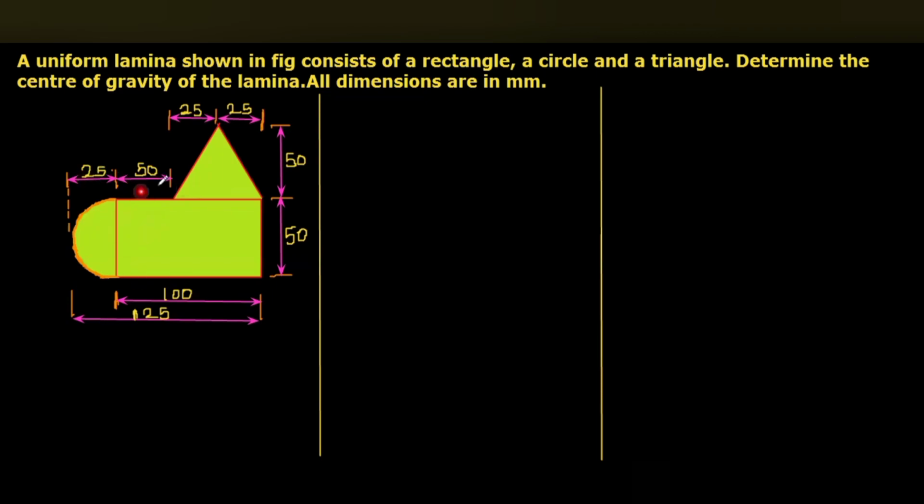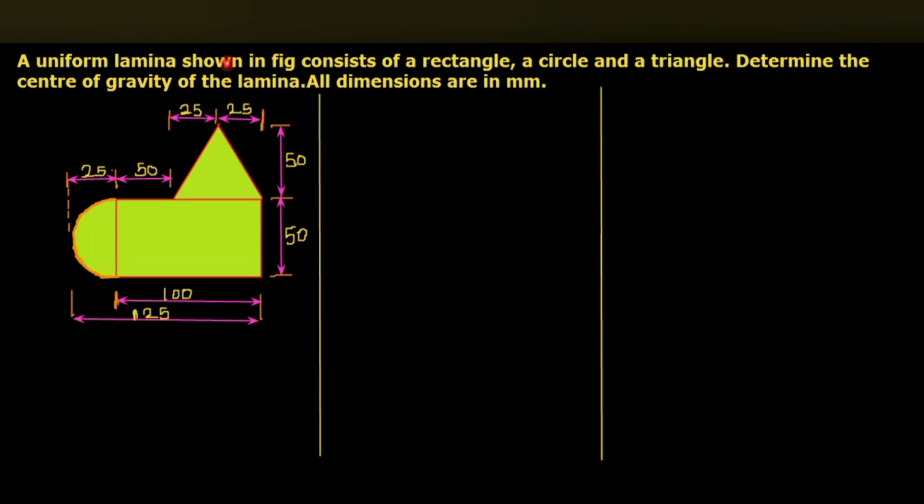Okay. Here, first thing, we have to consider the reference axis. Here you can see this is not symmetric about any axis, with respect to x axis or y axis. It's not symmetric. So we have to calculate both x bar and also y bar. So we have to take the reference axis for the calculation of x bar and y bar.